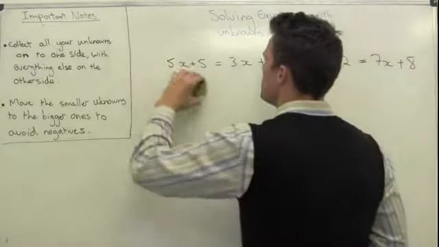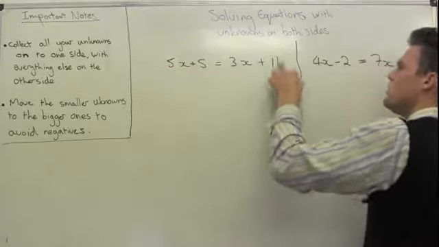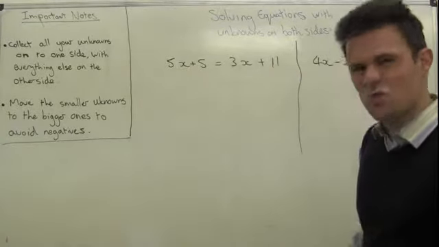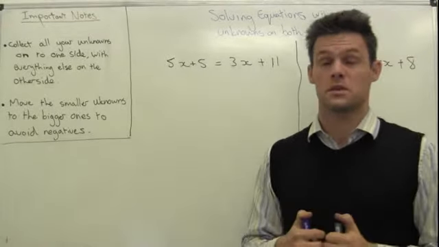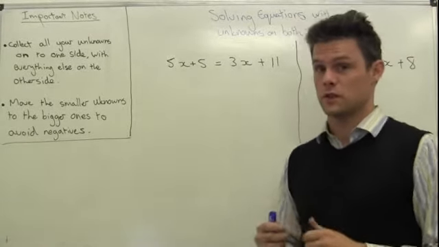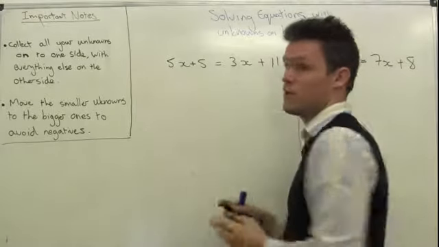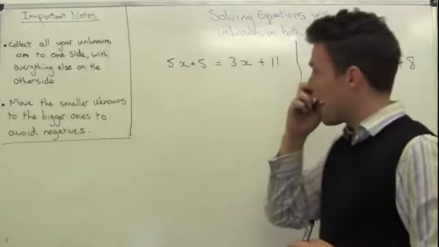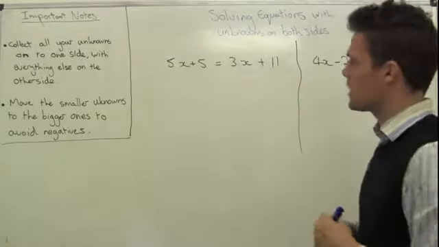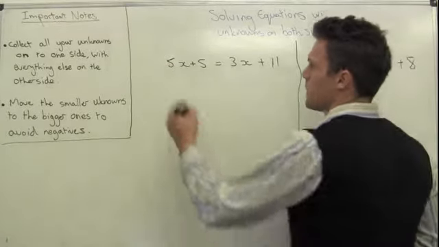I could work with negative 2x, there's no problem with that, but I don't want to have to. It'd be much easier if I could just deal with positive numbers, especially positive coefficients of x. In other words, the number that's in front of x needs to be positive. That number is called the coefficient, by the way. It's much easier for me to work with that. It makes my life less complicated.